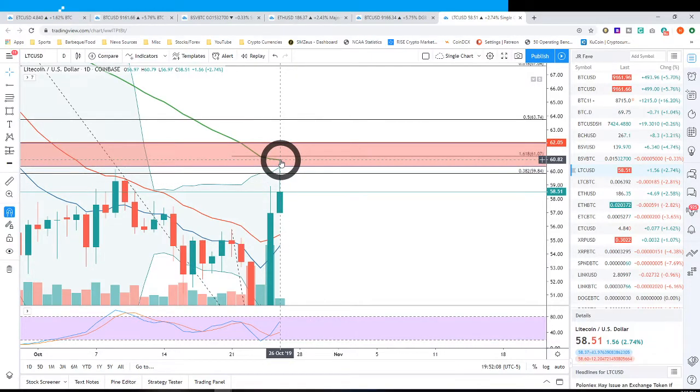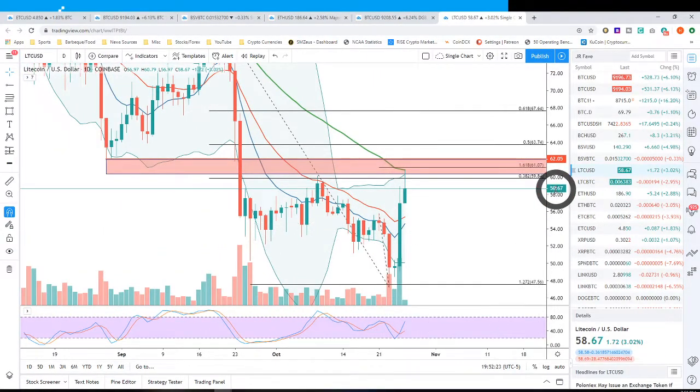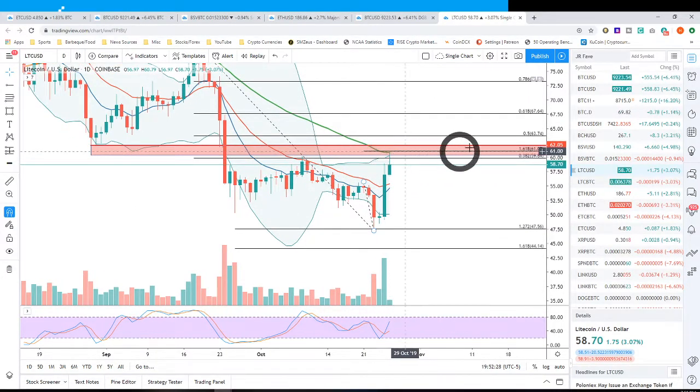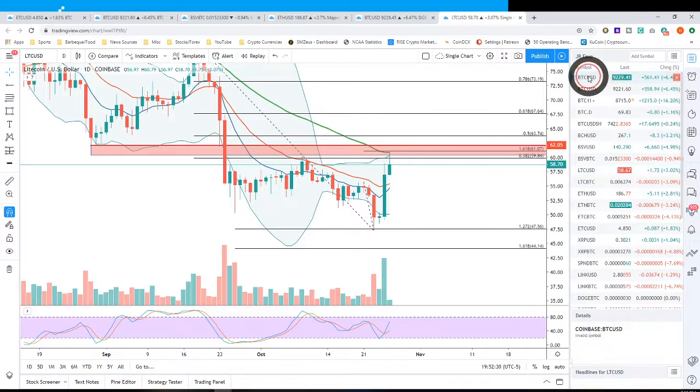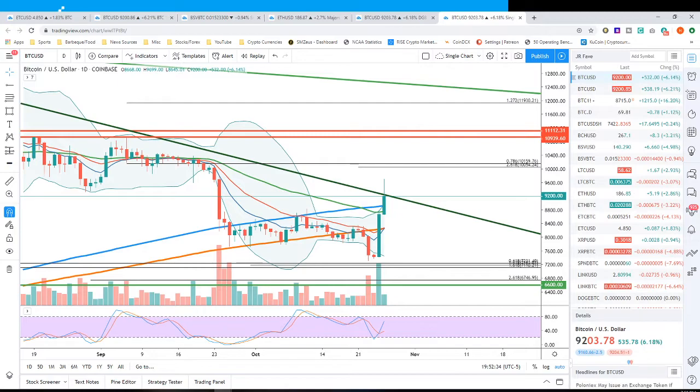It hit the 50 EMA right there, and dropped right off of it. Unbelievable. You really can't make that up. And right in the resistance zone. This is absolutely unbelievable. I love it. Absolutely love it.